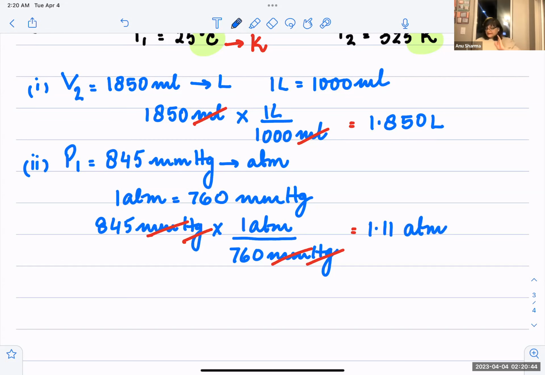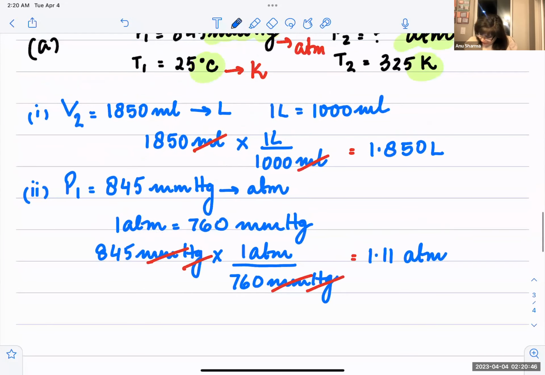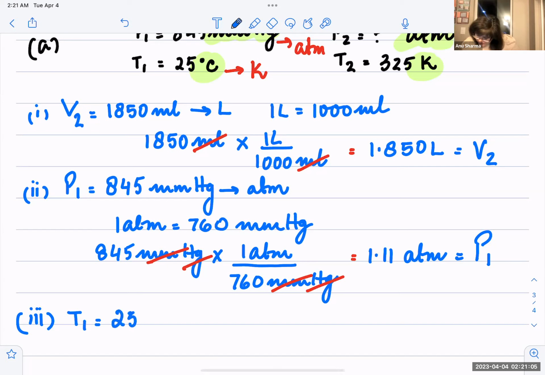All right, next is the last one, the T1. This was the value of V2, this was the value of P1, and then we have the third one, which is T1. T1 is 25 degrees Celsius.